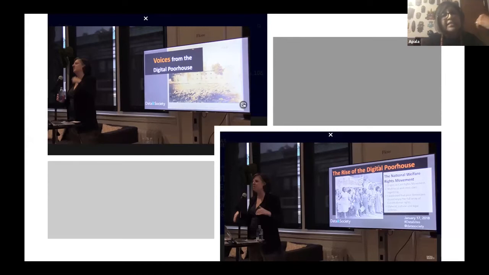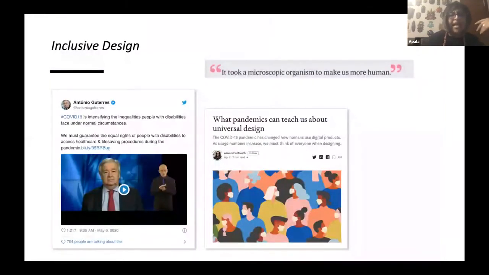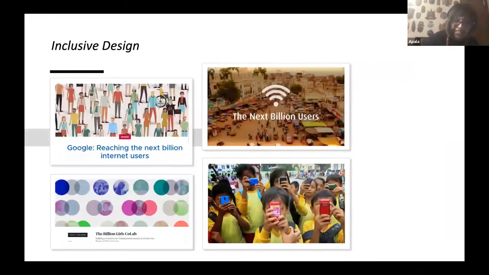So can we design, or do we need to design differently if we are to look at the subaltern in the context where it's extremely necessary? Then comes the question, well, isn't inclusive design, which has been around for a long time, we've been talking about universal design and inclusive design and designing for the next billion, all of this has been around. So isn't that the same thing? Well, apparently not.